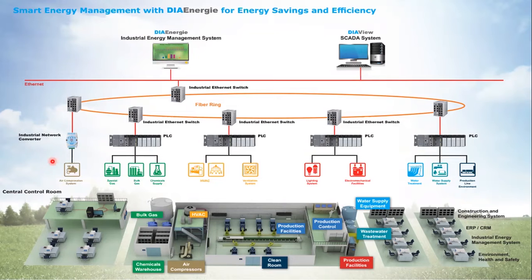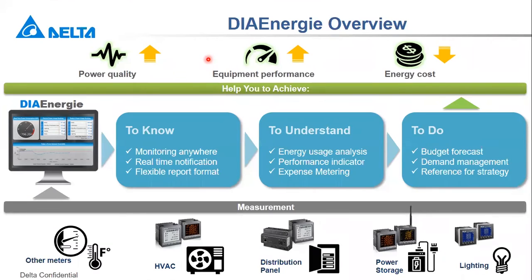Here's the network. We also need to build up the network because the factory area is very big, so all the data needs to go through the network and then go to the EMS system.